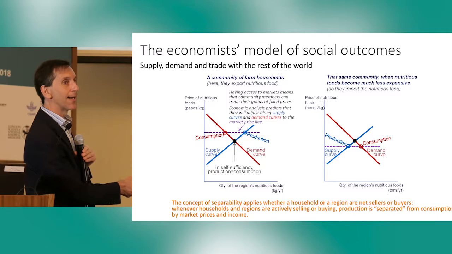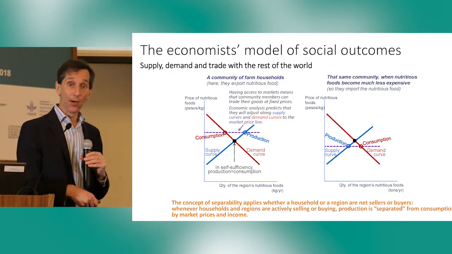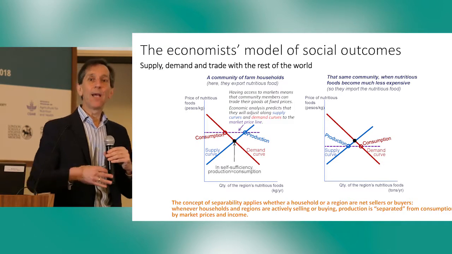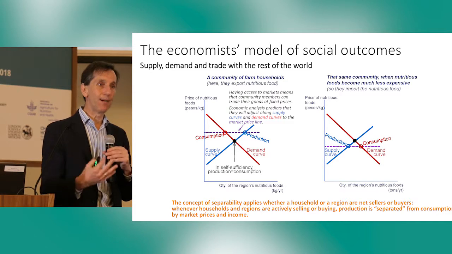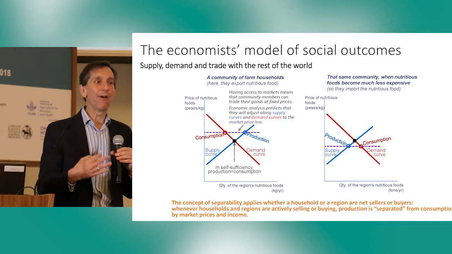Only when the household or the region is actively selling or buying. So if you're at a period of time or a place where people aren't, and this is especially true for what? For big moisture-intensive vegetables, right? Green leafy vegetables, perishables, there might be a village which really doesn't have very much trade in that.